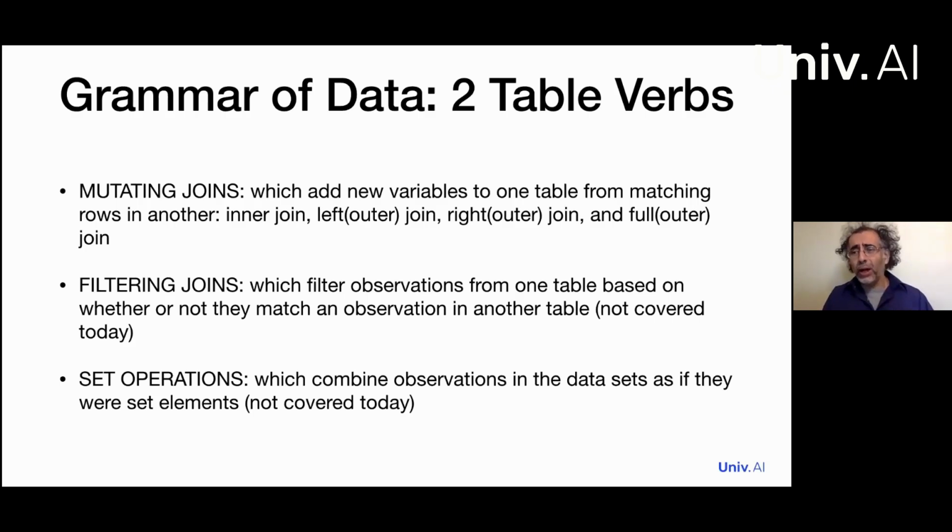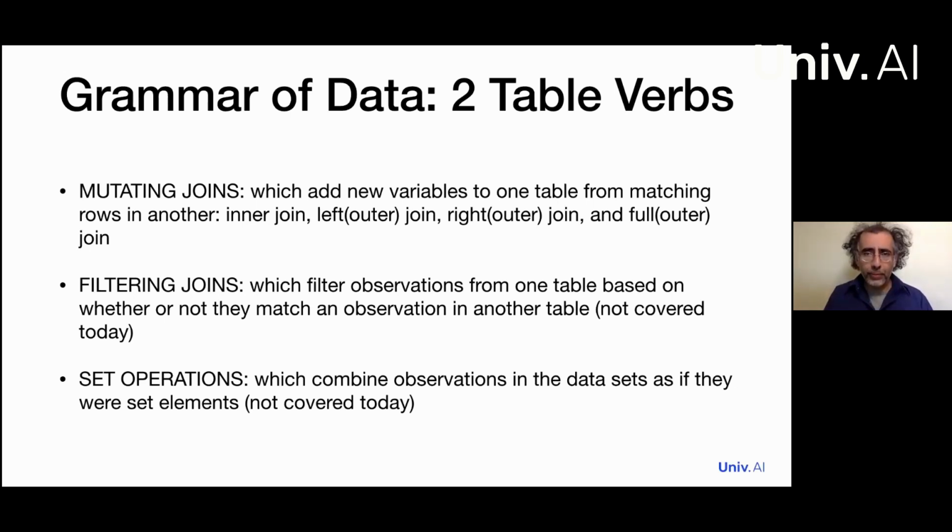So you may want to talk about these two-table verbs, where you actually want to join. And again, there's a classification for this, which is due to dplyr: mutating joins, filtering joins, and set operations. These are not covered today or in our notebook, but the notebook does cover mutating joins.